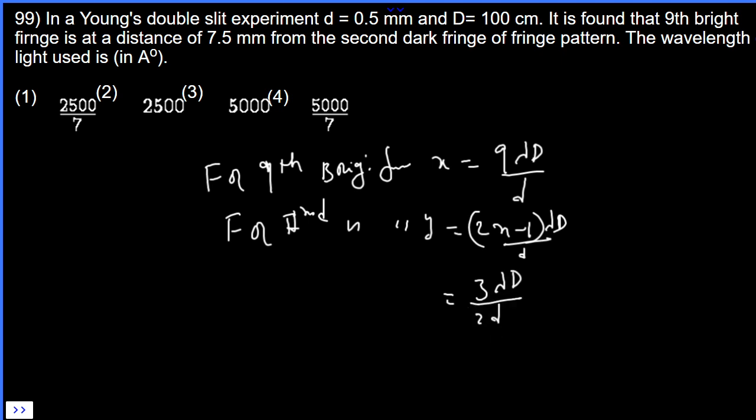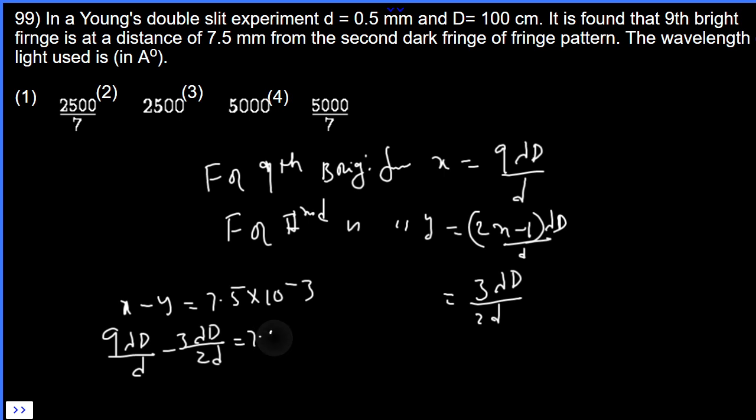So given, x minus y is equal to 7.5 into 10 power minus 3. x is 9 lambda D by d minus 3 lambda D by 2d is equal to 7.5 into 10 power minus 3.